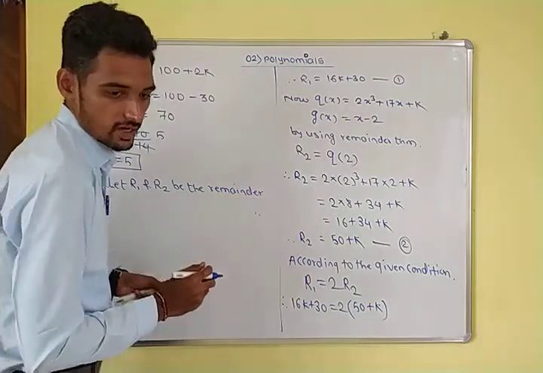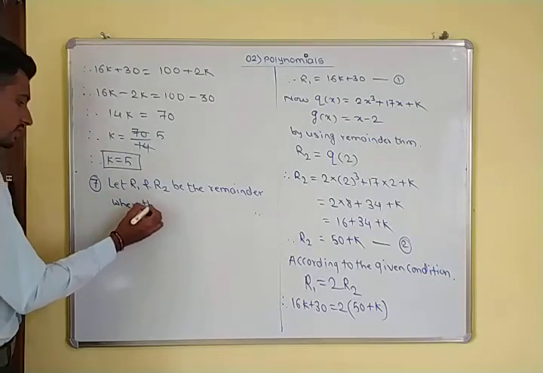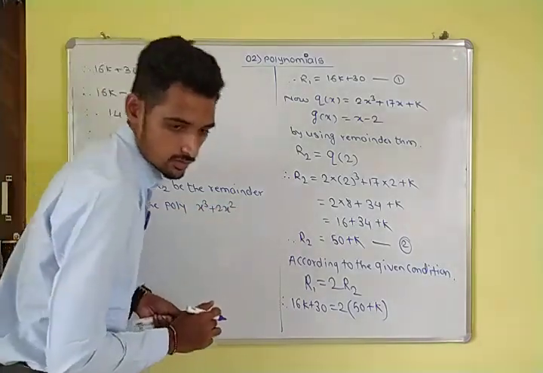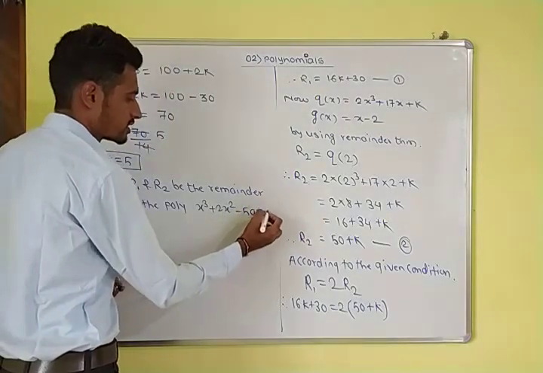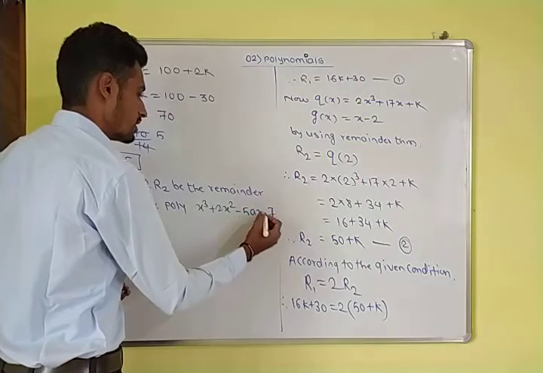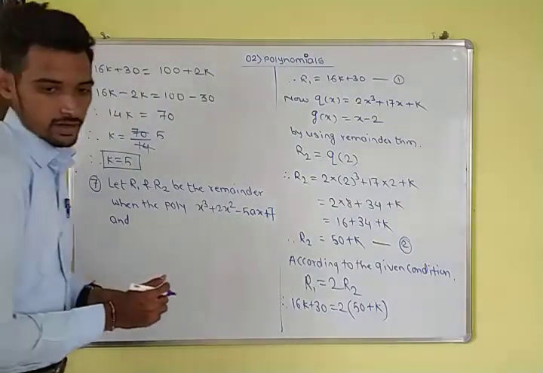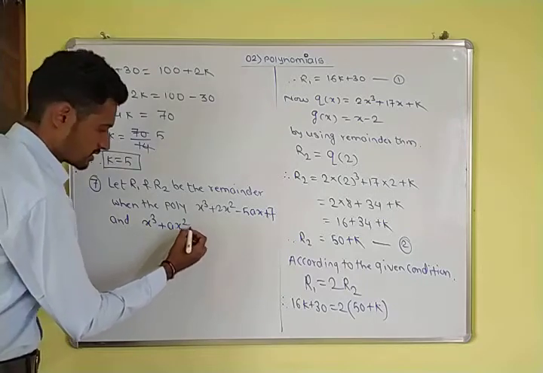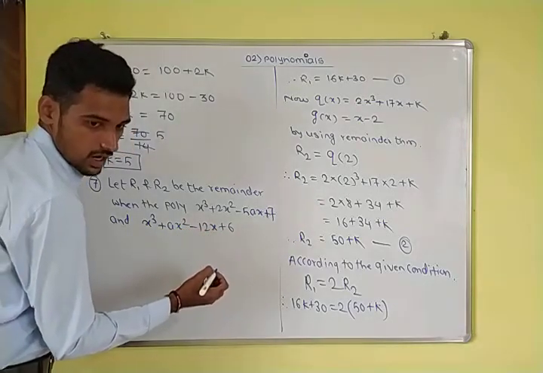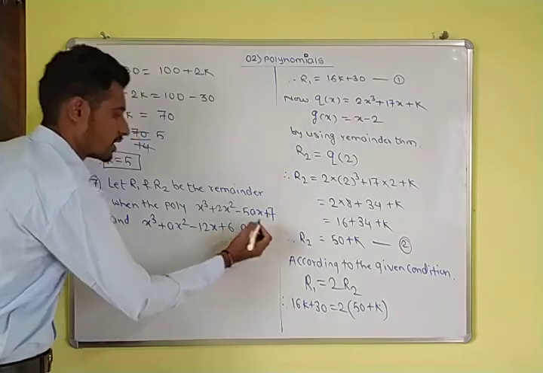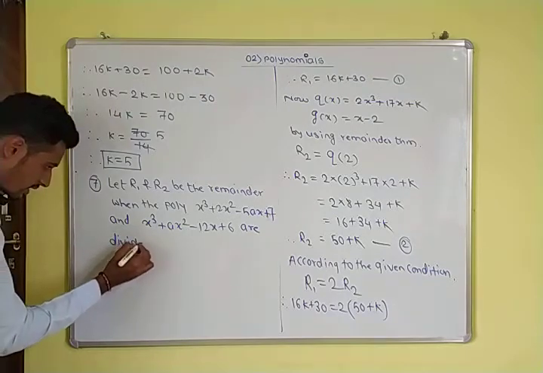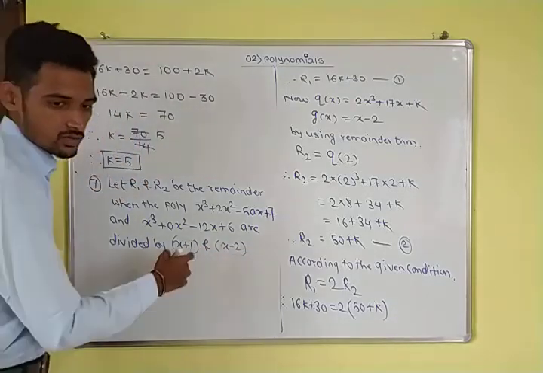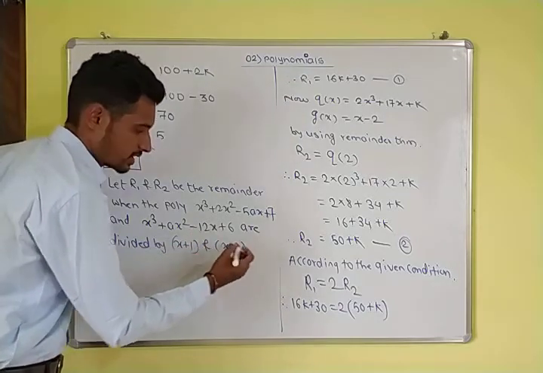Okay, the polynomial x cube plus 2x square minus 5x plus 7, this is the first polynomial, and x cube plus ax square minus 12x plus 6 are divided by x plus 1 and x minus 2 respectively.